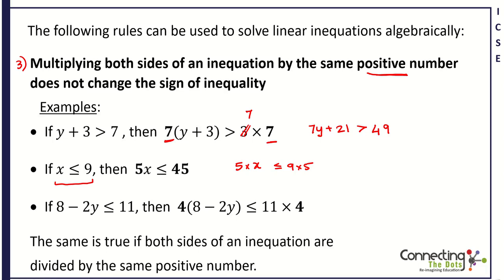The last example is where both sides of this inequation are multiplied by 4. So if 8 minus 2y is less than or equal to 11, then by multiplying 4 on both sides, the inequation becomes 32 minus 8y is less than or equal to 44.